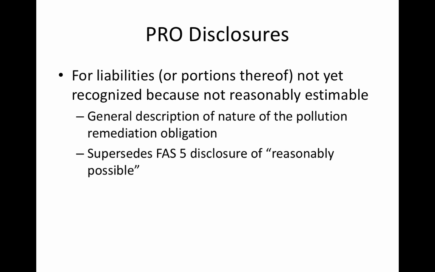And they're going to do this regardless of how likely that remediation obligation is, unlike the other contingency standards where they have to do this disclosure if it's reasonably possible that they might have to make a payment.